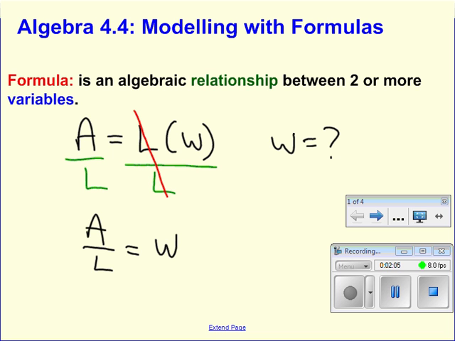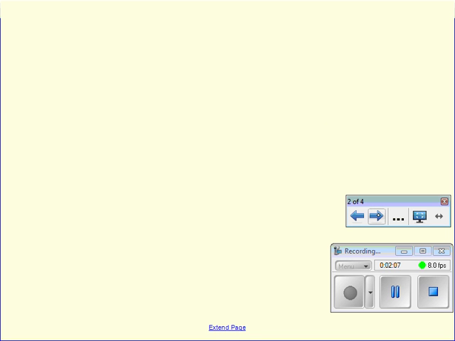Now this can also be extended to all other formulas, and we want to manipulate these to get the variable we want by itself on either side of the equation. So for example, we have the line equation y is equal to mx plus b.